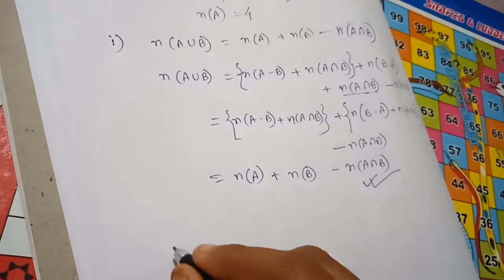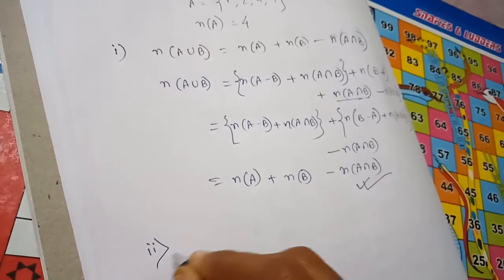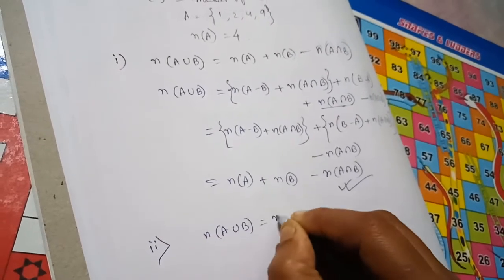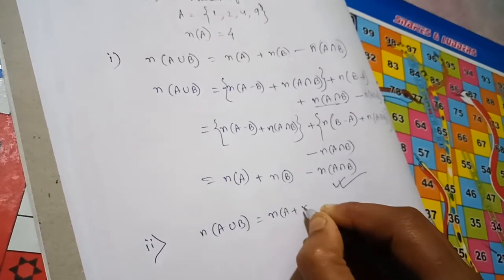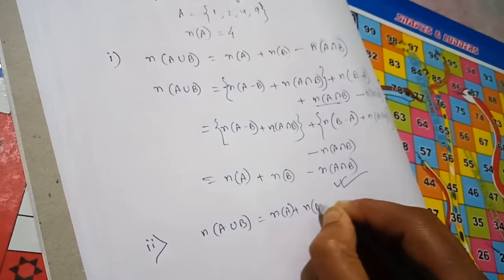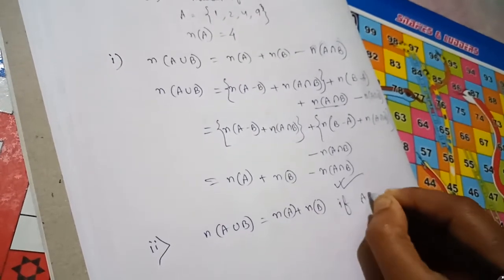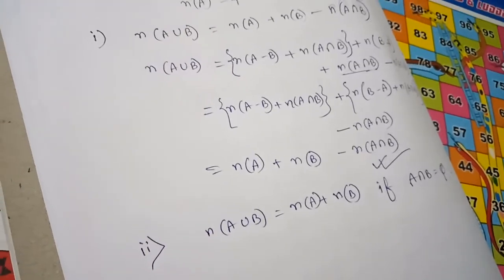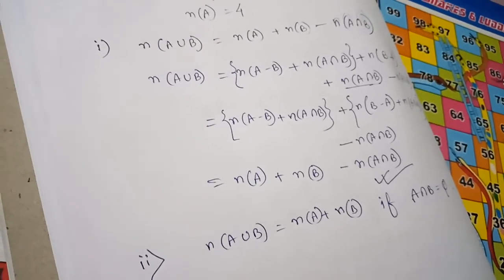Regarding this, we have the second problem, that is n of A union B equals n of A plus n of B if A intersection B equals phi. It's very simple.